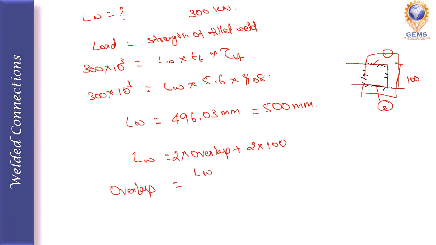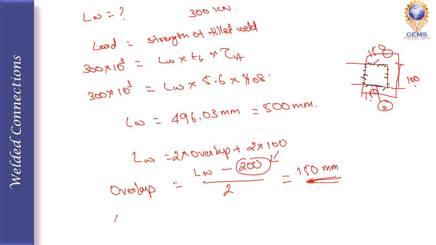So overlap is equal to LW minus 200, divided by 2. This 200 comes from this 2 into 100. So it gives us 150 mm. Here it is 150, here 150, so 300. Here it is 100, 400. Here it is 100, 500. So LW is 500.